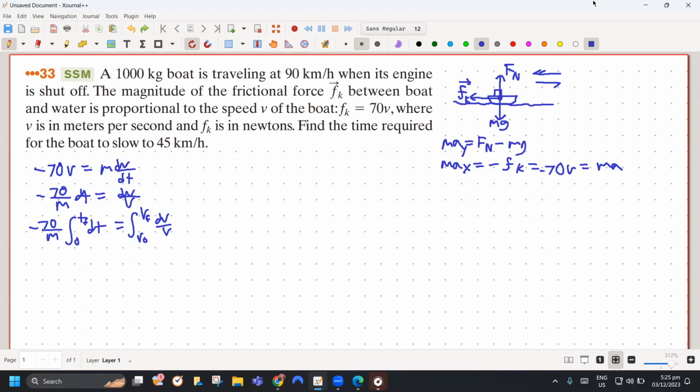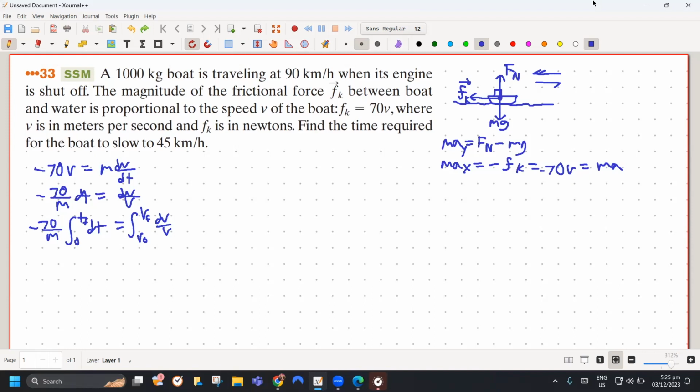DT lang yan, in the same way na dV over V yung right hand side. Nag-separation of variables tayo eh. So we're distinguishing between yung parameters na 0 to T sub F tapos yung variables of integration V at T. Or pwede mo ring hanapin yung general solution, tapos solve for the arbitrary constants.